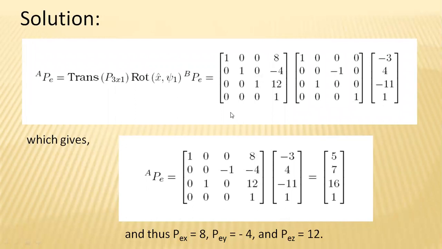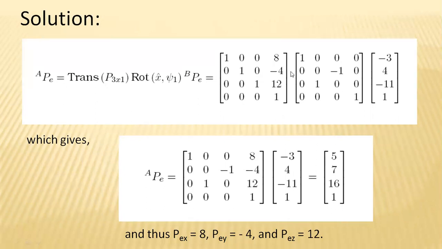Rotational has been considered. Translation has been considered. This is the translation matrix 8, -4, 12, with respect to this x-axis rotational homogeneous matrix, and with respect to the base frame -3, 4, -11.